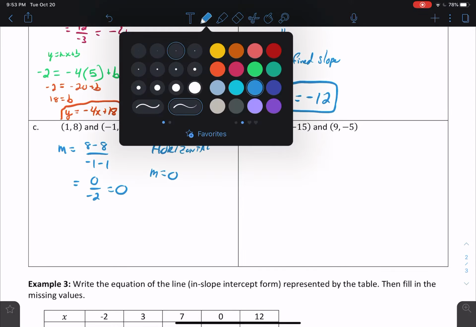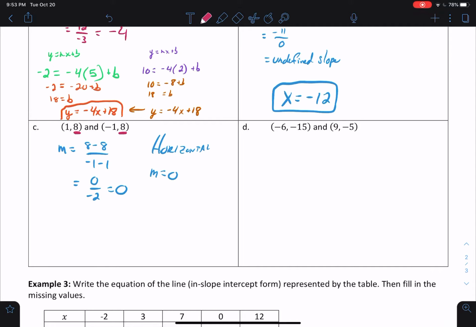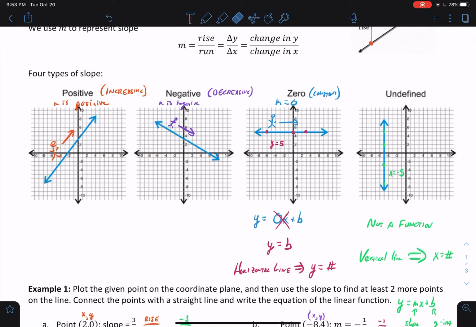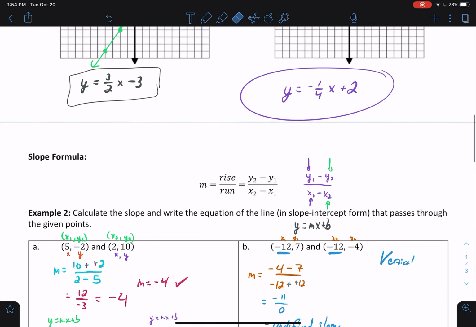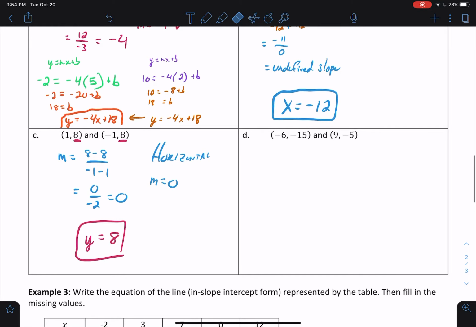If you notice, the y-coordinates are both 8. The y-coordinates didn't change, which means this entire line is the horizontal line through y equals 8. If you have a horizontal line, with slope 0, it's going to be y equals a number. So in this problem, the y value is 8.